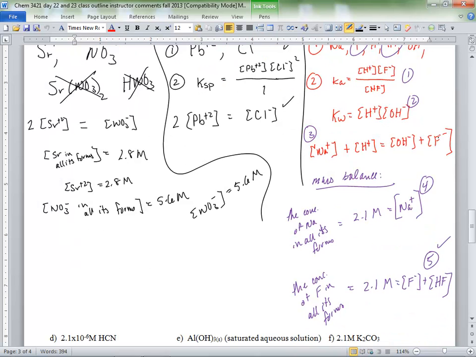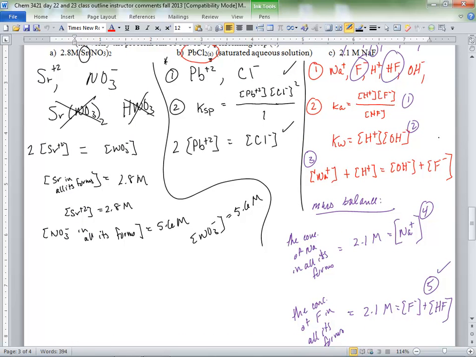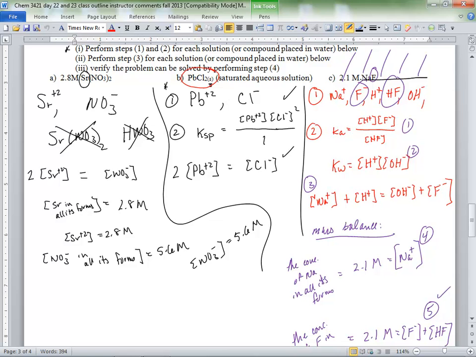Yes, the number of equations has to match the number of unknowns, the number of species. So in C, we've got 5 species, so we need 5 equations.